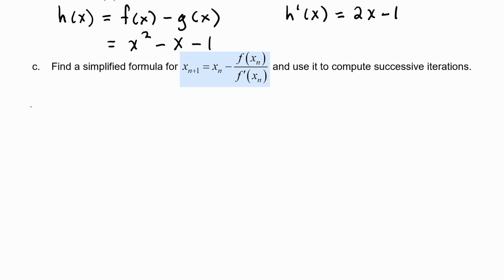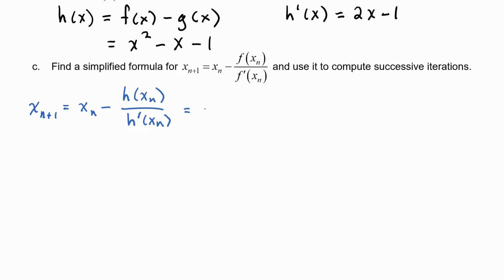So now we know our x sub n plus 1 is going to have to equal x sub n minus h of x sub n over h prime of x sub n. Remember, we have to use our new function because it will have a root at the intersection point of f of x and g of x.